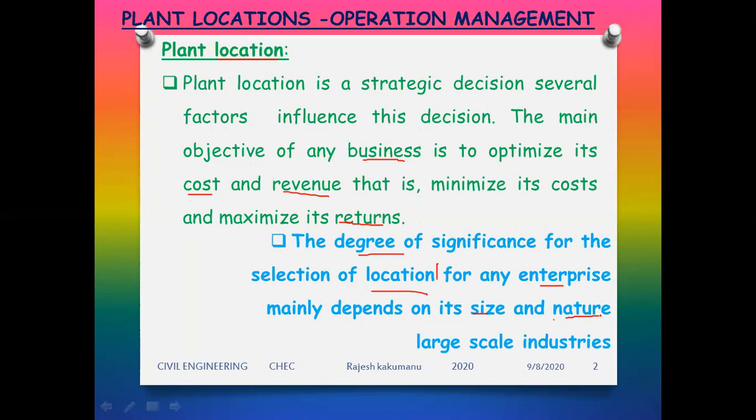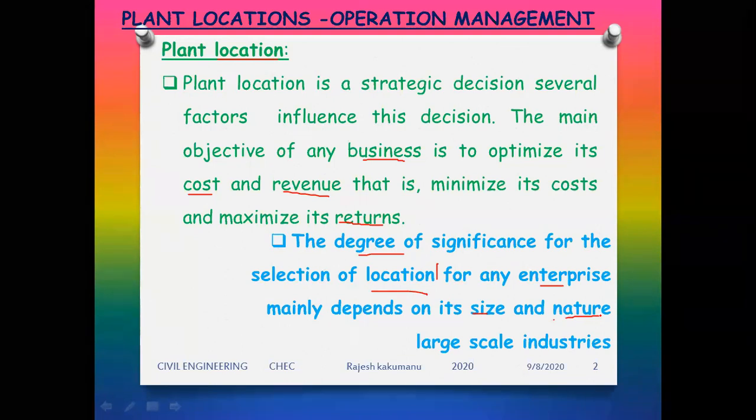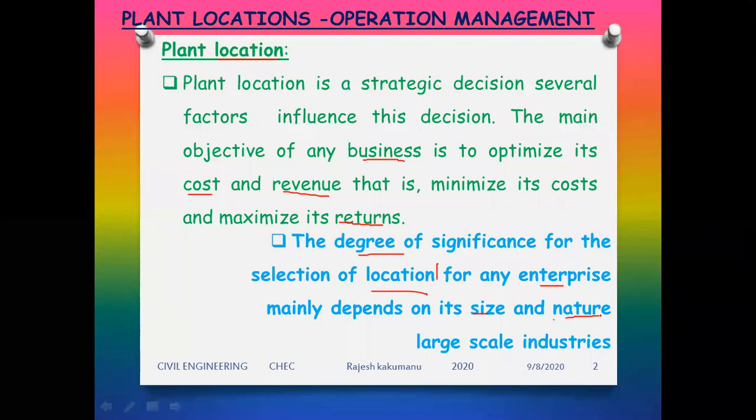You have to see the location. If you want to keep a dhaba, a food center, will it work in town, in remote areas, or on highways? Simple. That is nothing but a plant. Plant means a business area or a firm or a shop or a company or a factory or an organization.